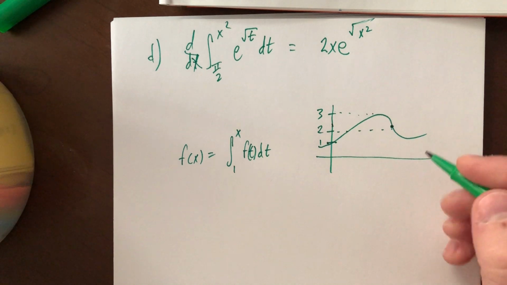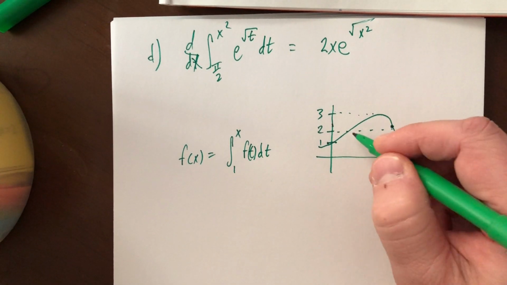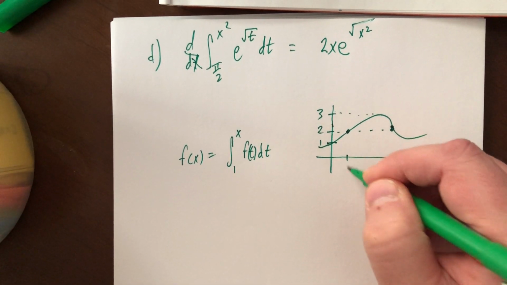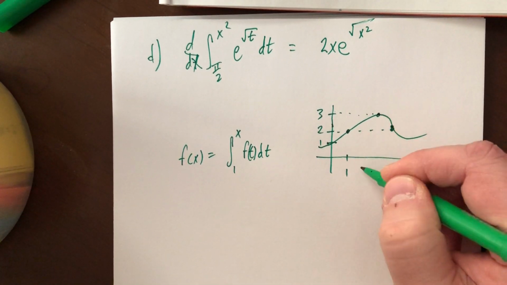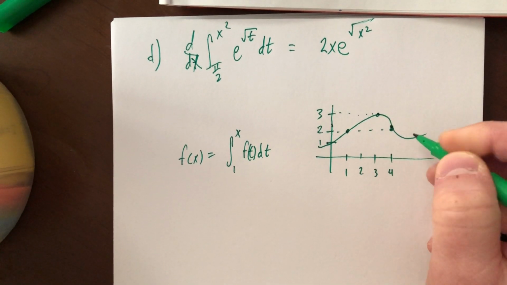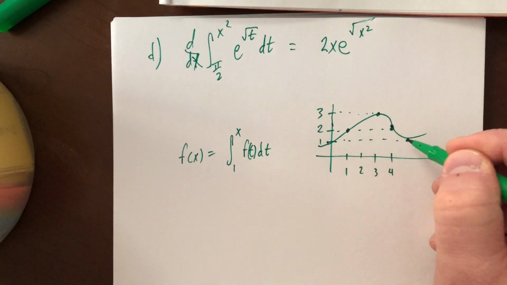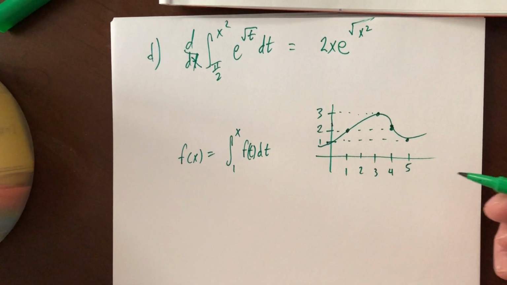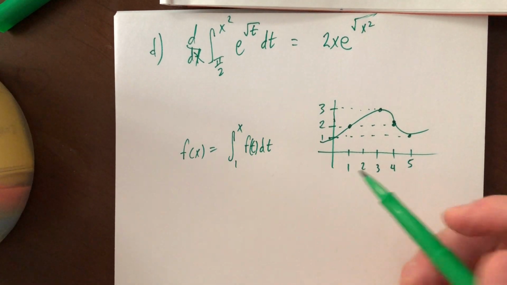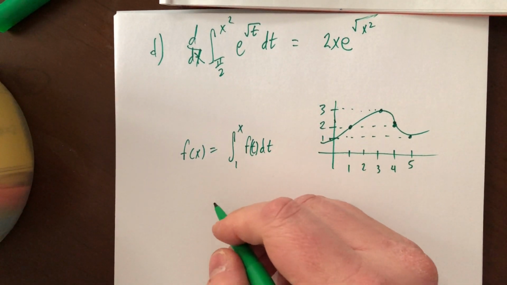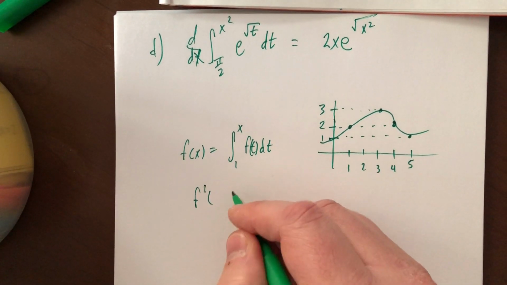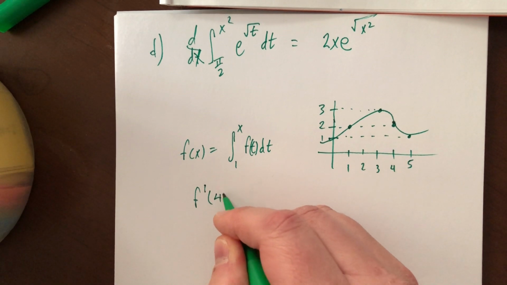Okay, just pretend that those line up perfectly. Here's 1, here's 2, here's 3, 4, and 5. You'll see things like this, and then we're able to ask questions like this. What is f prime of 4?